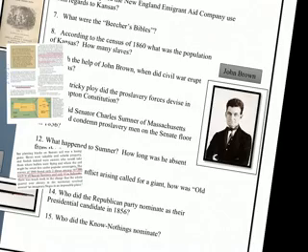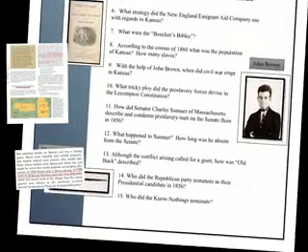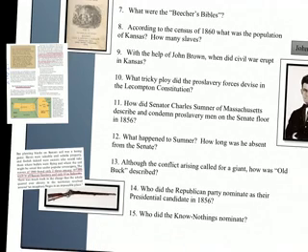John Brown becomes famous. We'll spend some time in the PowerPoint talking about John Brown. And Senator Charles Sumner of Massachusetts becomes a very important character as well. And Sumner gets entangled into a very interesting issue that you can read about on page 401.